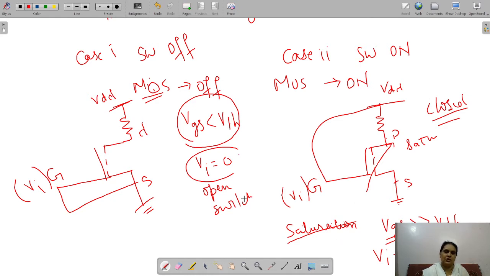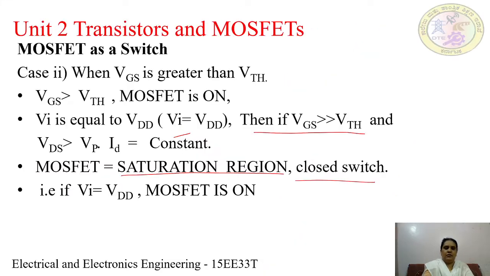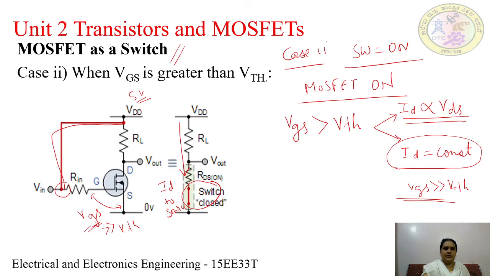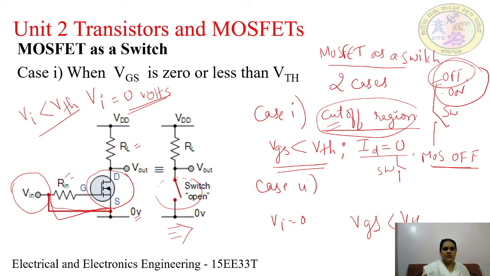Just very simple, look at the circuit diagram. So the first one, see the VGS is connected to ground. It means the input voltage is connected to ground. So Vi is 0, the MOS is off, open switch.